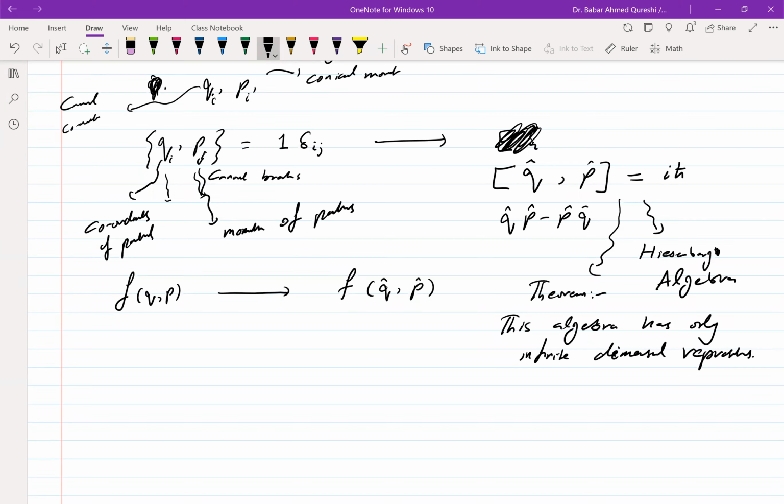So if you have to deal with operators for position and momenta with this kind of relation among them, then you are forced to work with infinite dimensional Hilbert spaces. That's the reason I said that no real system in the world has finite dimensions, unless you focus on some specific properties of it.